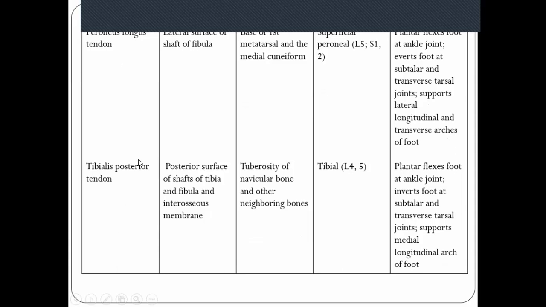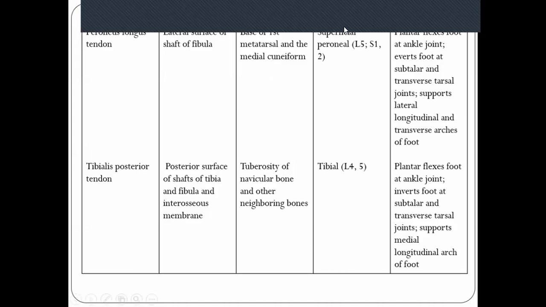And there are two tendons in the fourth layer of the sole of the foot. Those are the peroneus longus tendon and the tibialis posterior tendon. The peroneus longus tendon is attached to the base of the first metatarsal and the medial cuneiform bones.